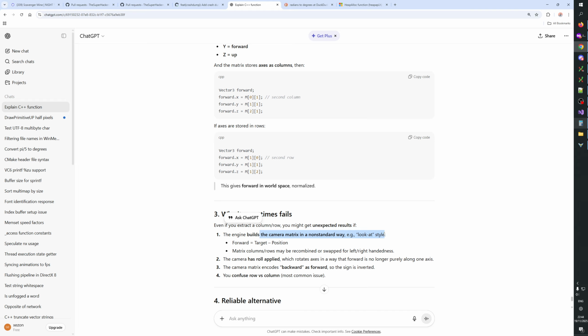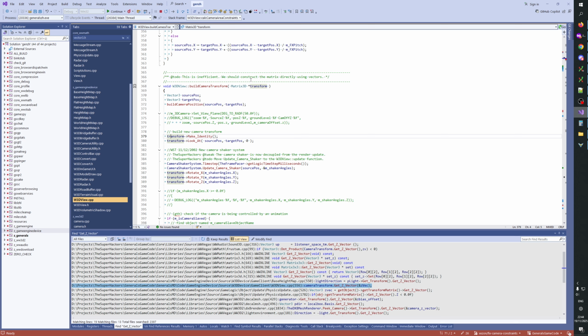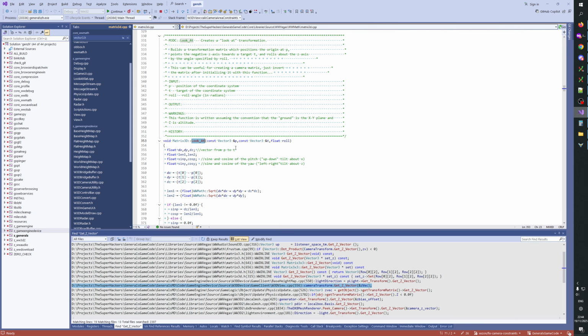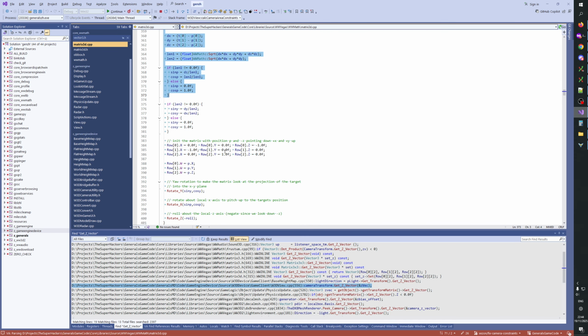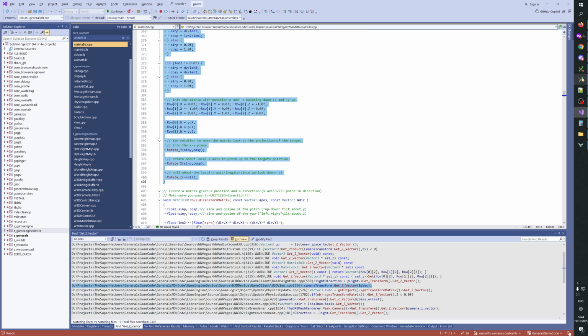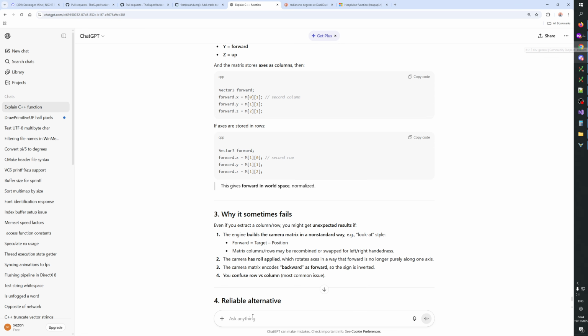Look at style. In a non-standard way. Forward is target minus position. Let me give him the look at function. This here. Here's how the 3D matrix is constructed with two vectors.